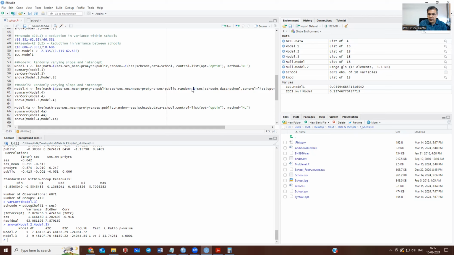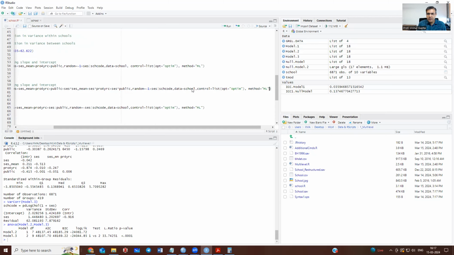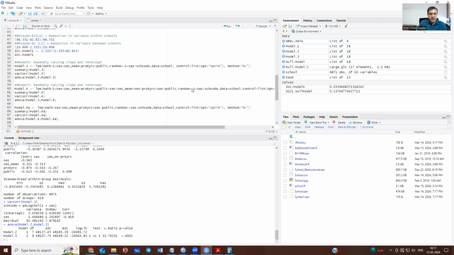So it is always a good idea to do 1 plus SES. And then data is equal to school, and the rest are the same options that we have written. This is our command.